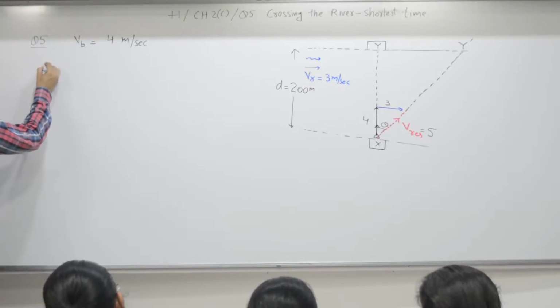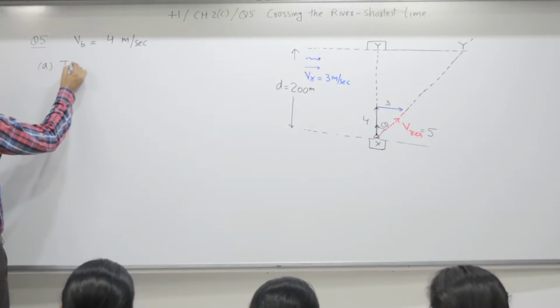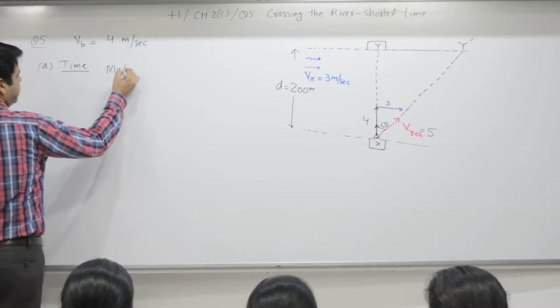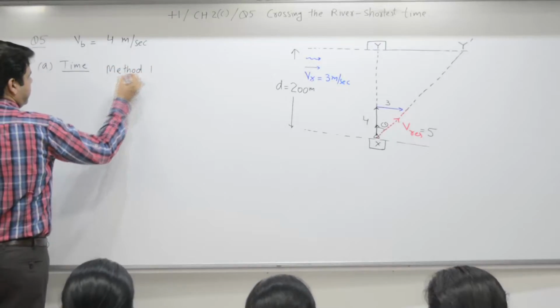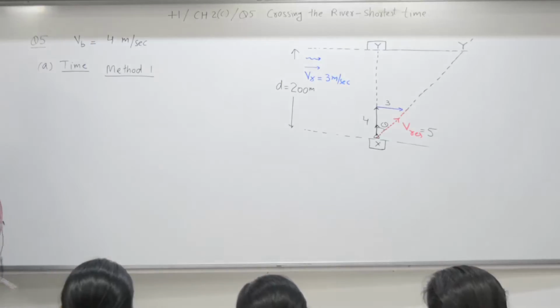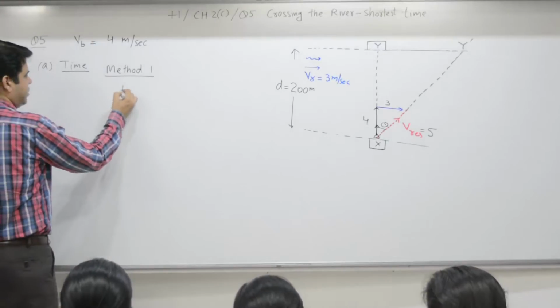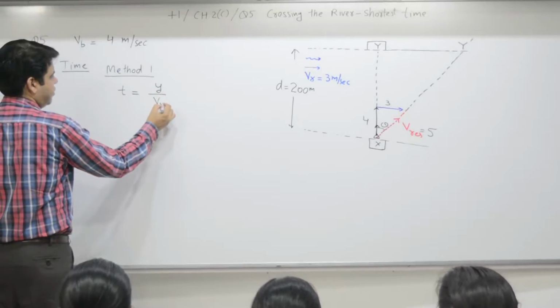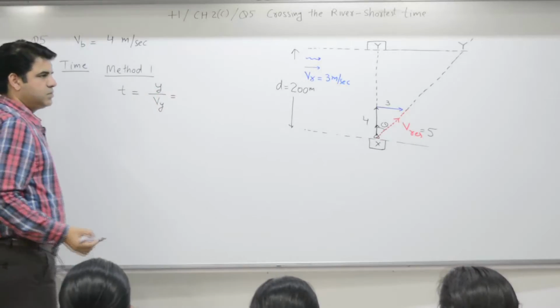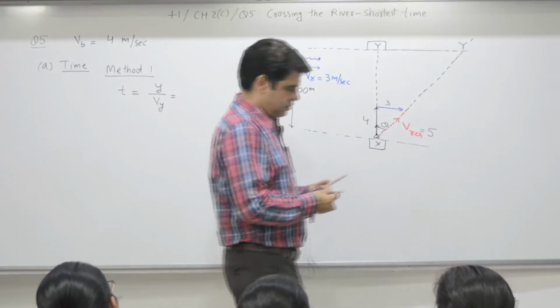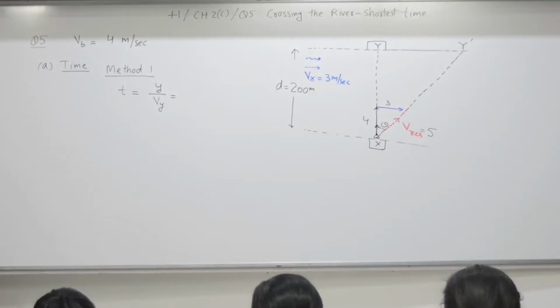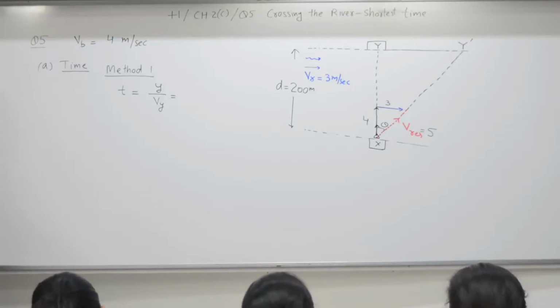Time, you want to find out time. Method 1. Time taken is equal to displacement along y divided by velocity along y. What is the displacement along y? 200 meters.